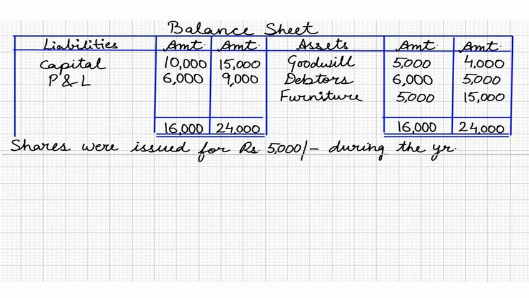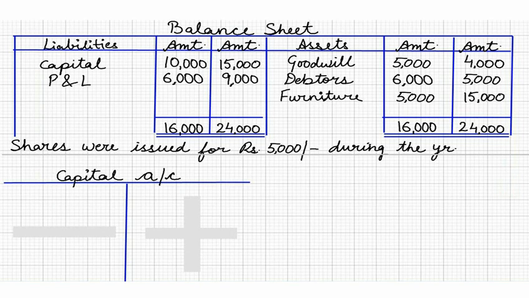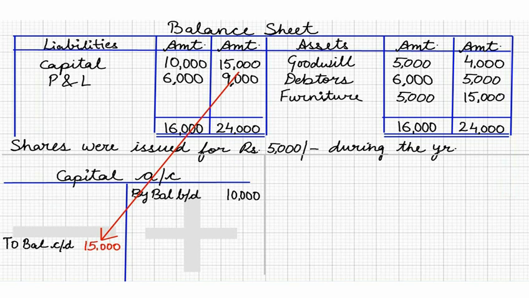Shares issued. First of all, take the additional information. Shares issued rupees 5,000. So let's prepare the capital account. By balance b/d 10,000. To balance c/d 15,000. When shares are issued, here capital means share capital.